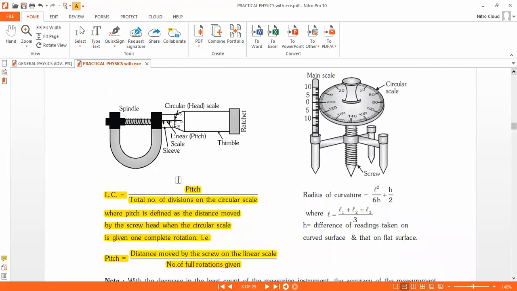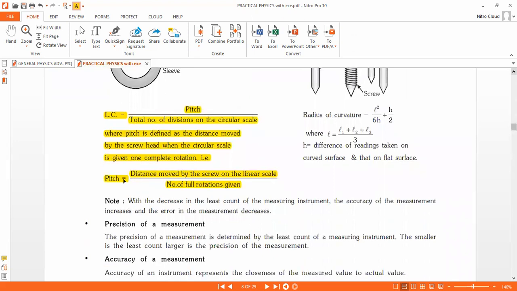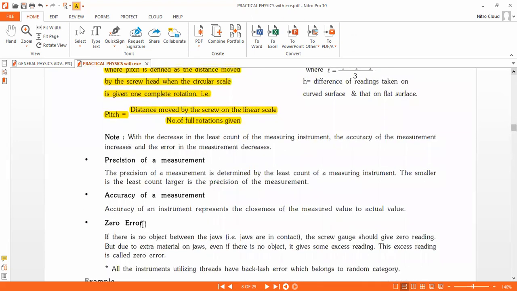Now we know the pitch. See how we measure any measurement. Suppose I want to find the diameter of a circular wheel or the diameter of a sphere or the thickness of a hair, something very small. The precision of a measurement is determined by the least count.